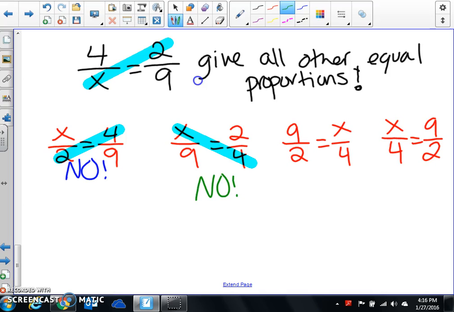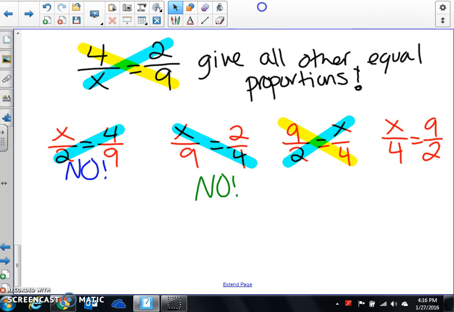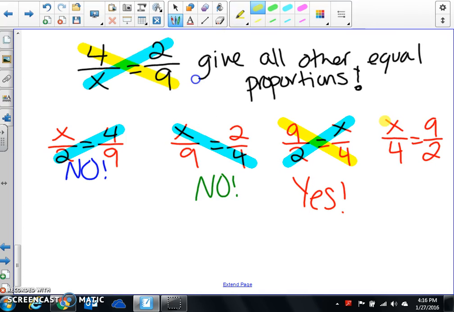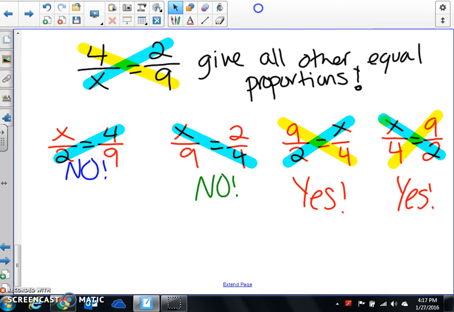No. X belongs to 2. Does 9 belong to 4? Yes. So that's a yes. And then last one, actually let's go back to blue. X belongs to 2. 9 belongs to 4. So that's another yes. Okay, here are your practice problems.